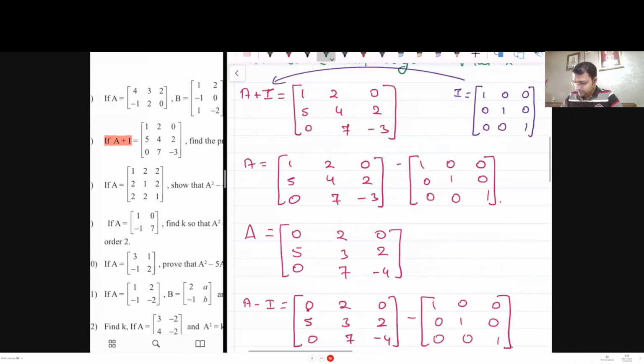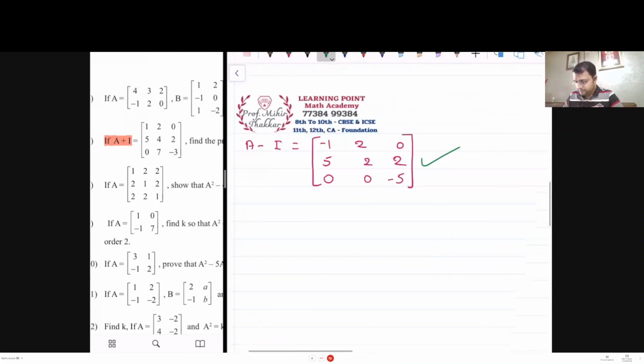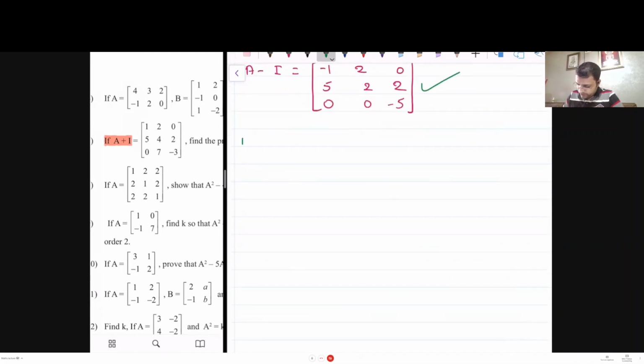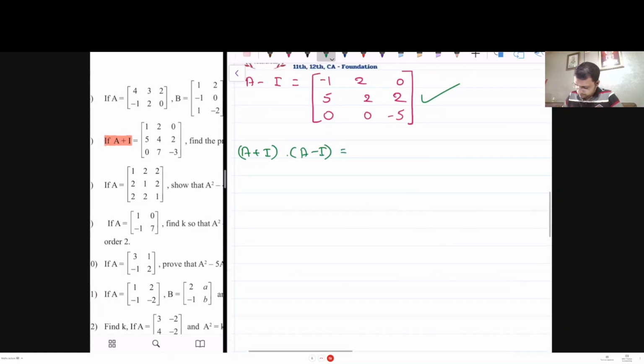A plus I is already given to you in the question. Let's multiply it quickly. A plus I into A minus I. So what is it? I have already displayed the A plus I value, so you can directly copy from the textbook.